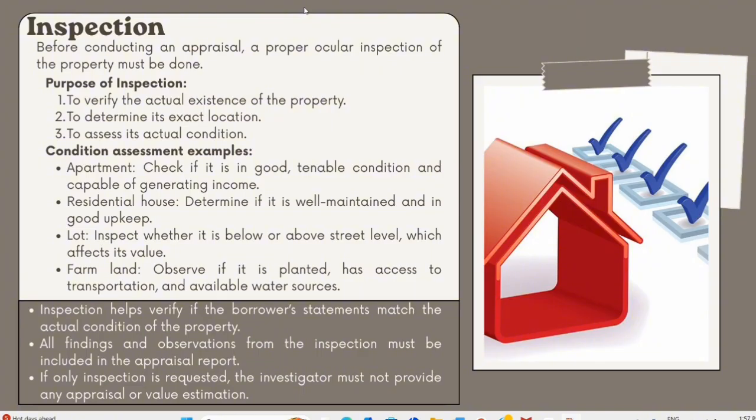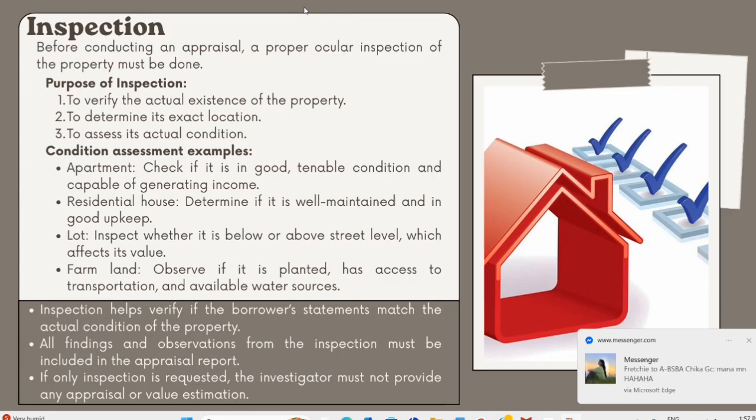Purpose 1. Verify the existence. The bank's credit investigator visits the address Maria provided and confirms that the house really exists. Purpose 2. They check the property's legal documents and use GPS to ensure that it is in the exact area stated. Purpose 3.